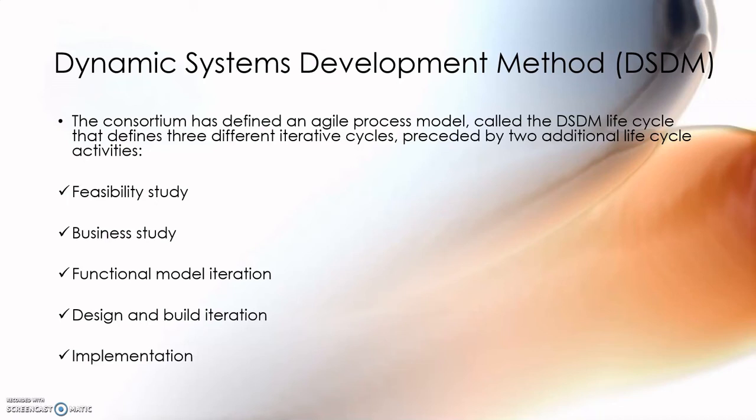The increment may not be 100% complete or changes may be requested as the increment is put into place. The DSDM development work continues by returning to the functional model iteration activity.